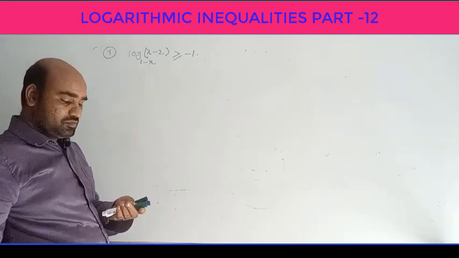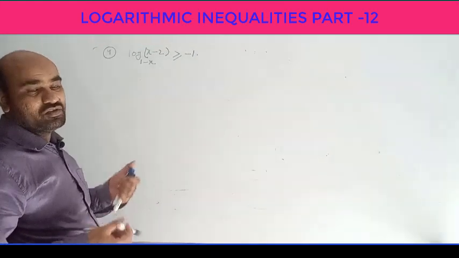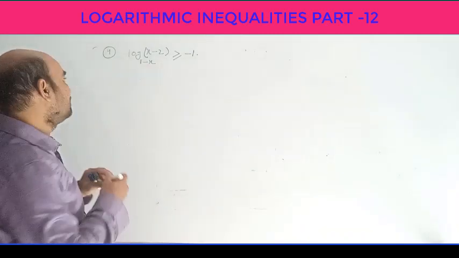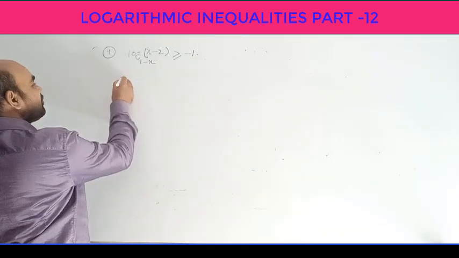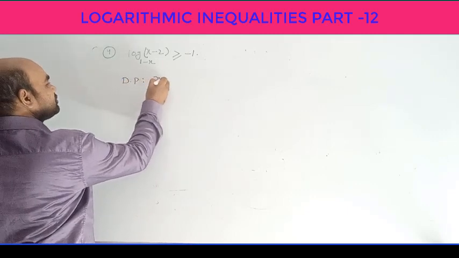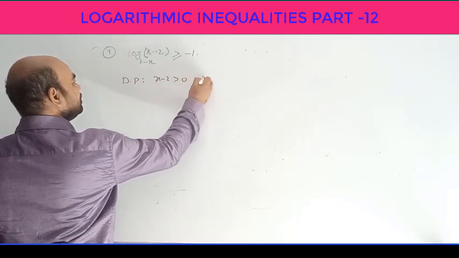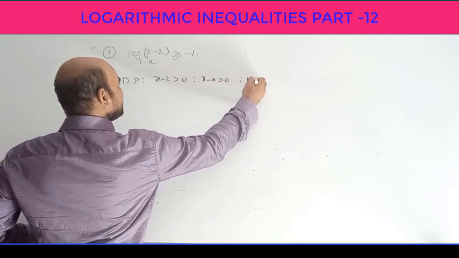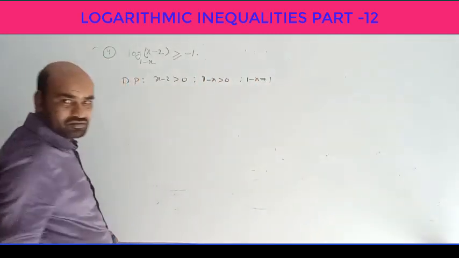Another problem. What is the difficulty in this problem? The base is also a variable. That is difficult. So the domain of the problem: x minus 2 greater than 0, 1 minus x should be greater than 0, and 1 minus x is not equal to 1.